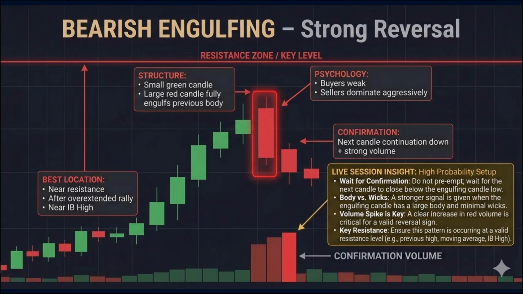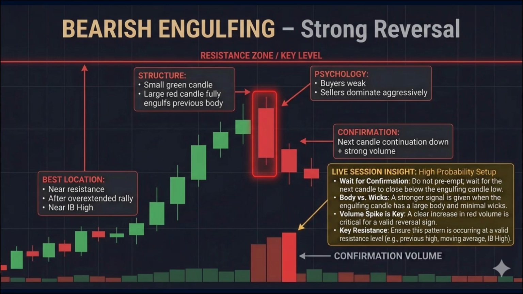The pattern is most powerful at the top of an uptrend or at major resistance levels, indicating a potential peak. Never jump in before the second candle finishes. A true bearish engulfing requires the red candle's body to close below the previous green candle's open.